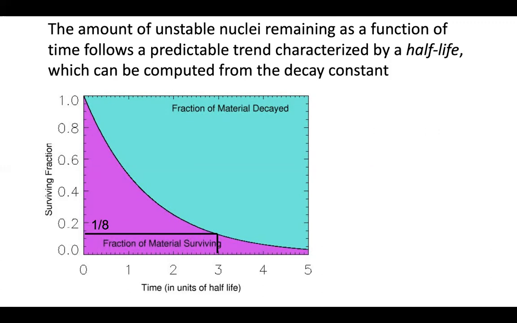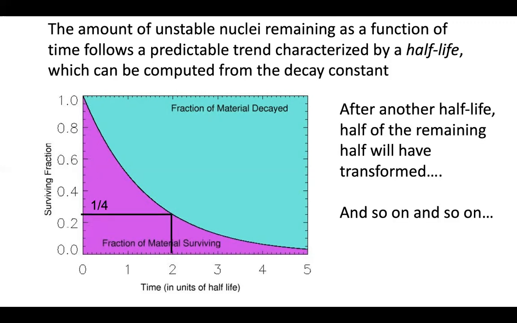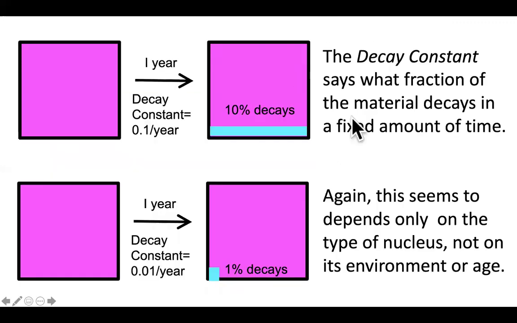And this is the characteristic of unstable nuclei. They follow this trend to the extent that we can tell. And the thing is, this sort of behavior is consistent with this. Again, it doesn't matter if this is material that's been sitting around for 1 billion years or was created yesterday, 10% of it decays in a year, or 50% of it decays in some number of years.